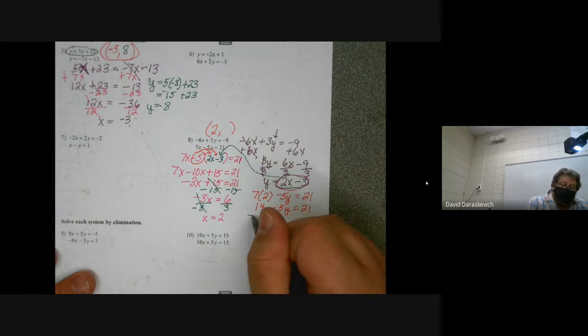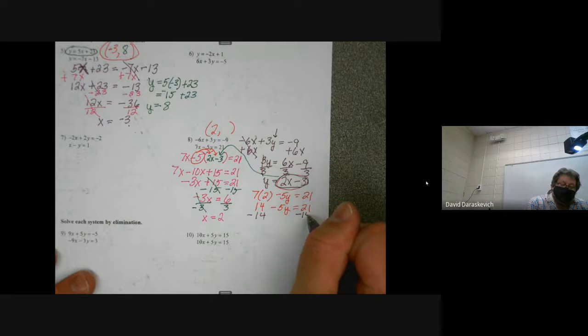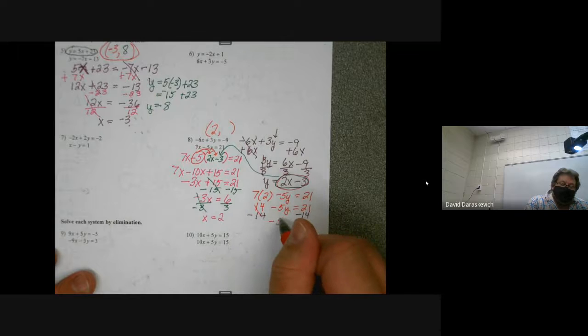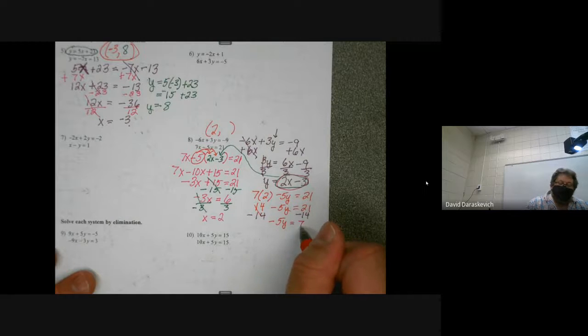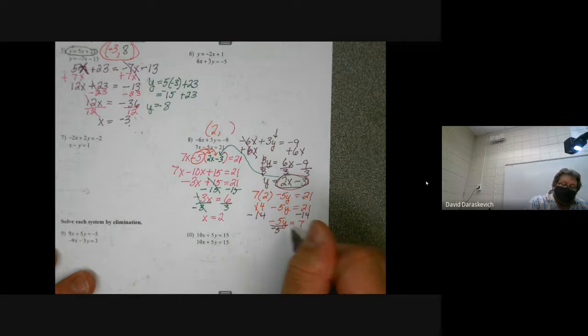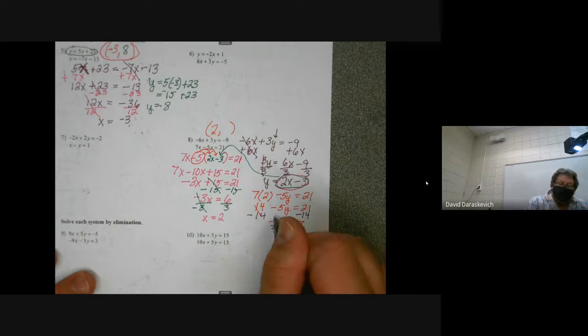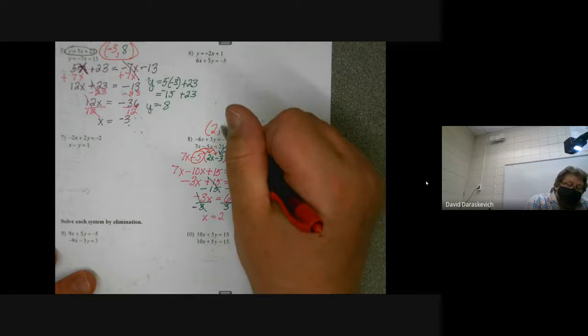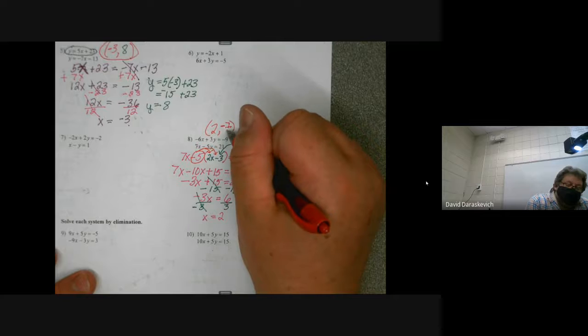Let's see, subtract 14. I get -5y equals 7. And then divide both sides by negative 5. I get y equals negative 7/5.